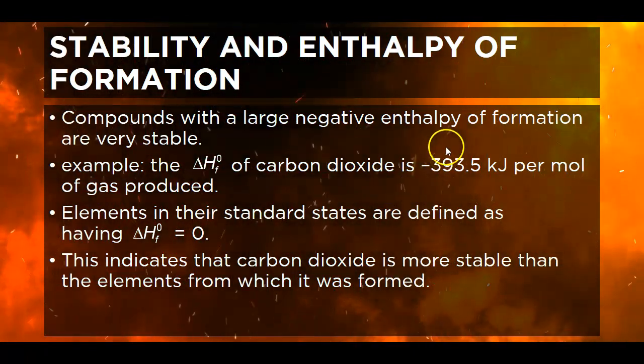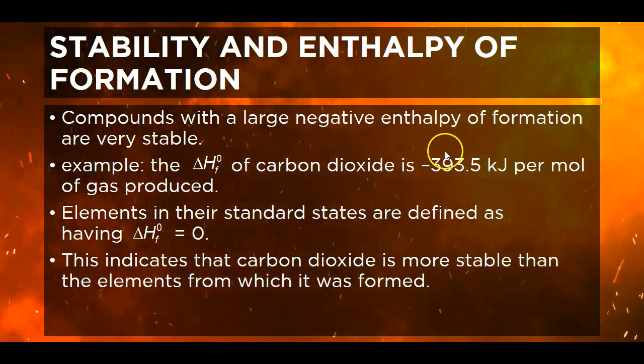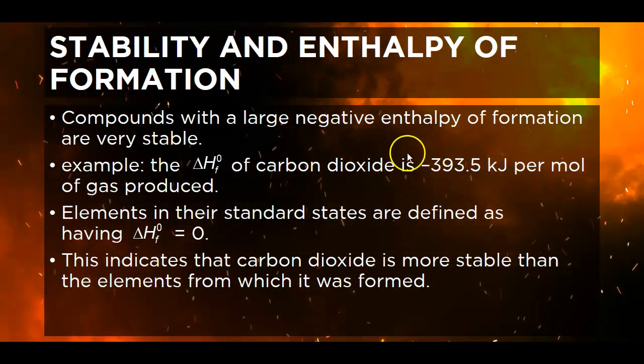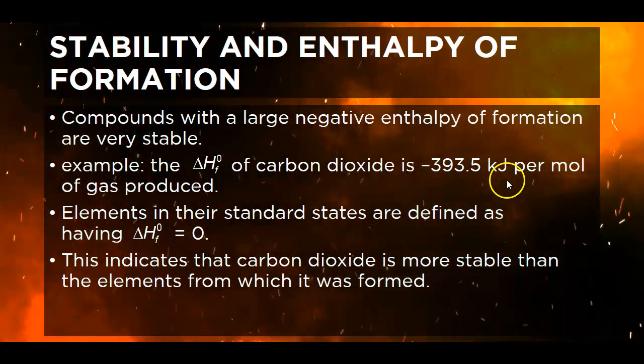So that's why carbon and oxygen would form carbon dioxide, because a very large negative number is much more stable than the elements alone. If you have the elements alone, they would prefer to give off that energy and become part of a molecule. The carbons and the oxygens would want to become part of that molecule in effect.